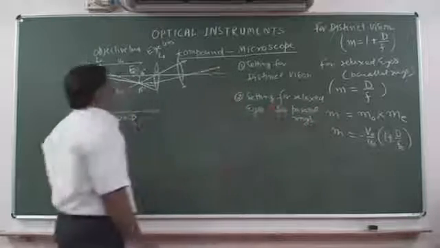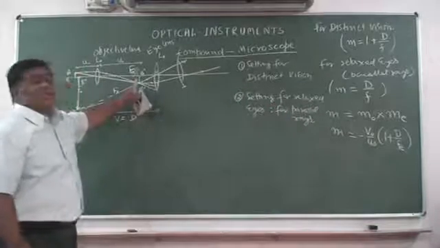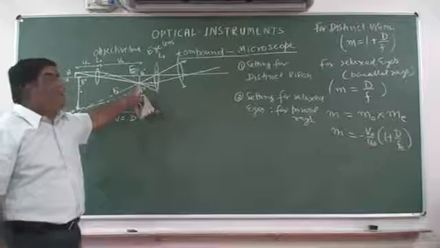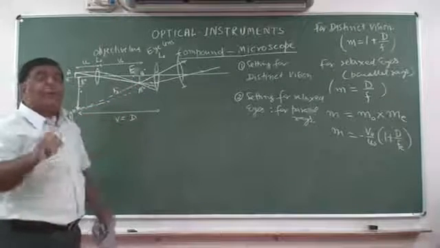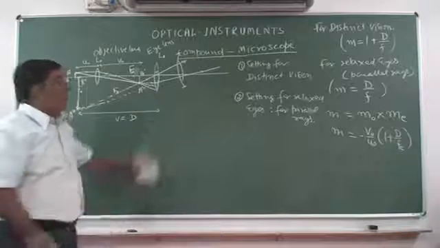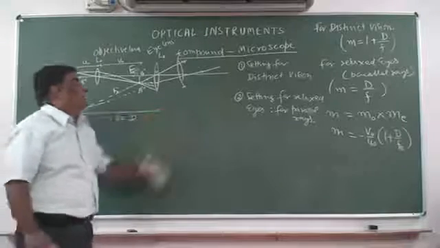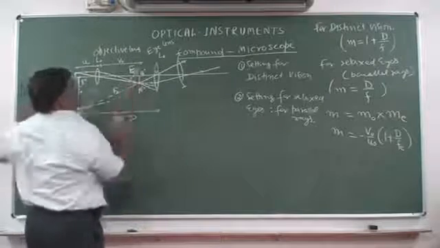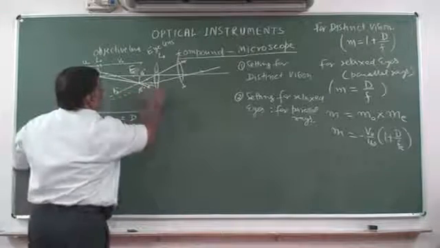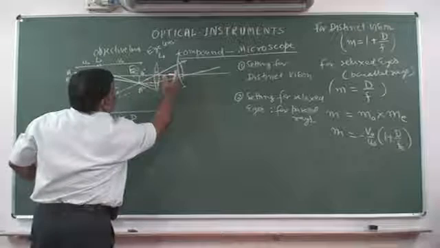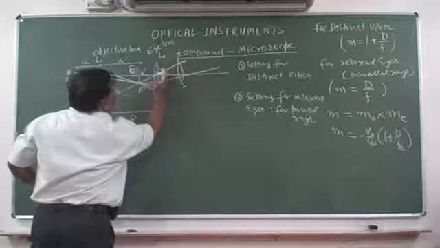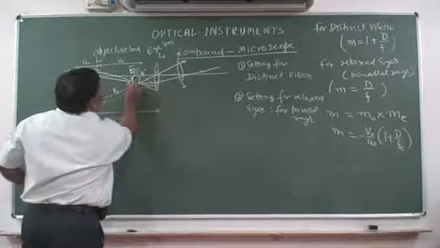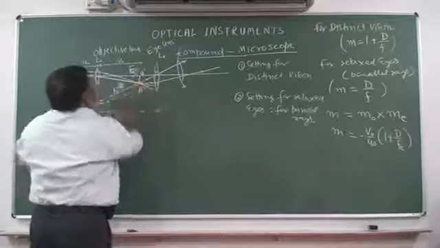Now this setting for parallel rays, there will be certain change in the diagram also. Now you should be able to draw the diagram for parallel rays for this setting. How you will make it? You will make it the first part like this. But in the second part, this lens, we slide a little bit on this side. When we slide it on this side, FO will come on B dash.